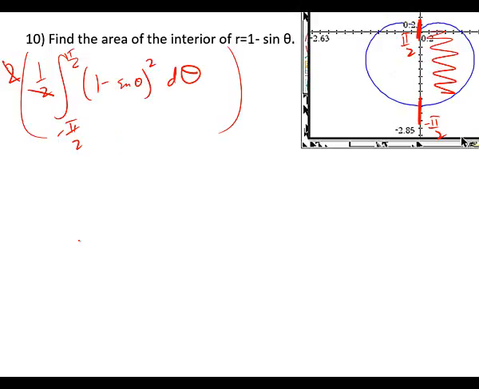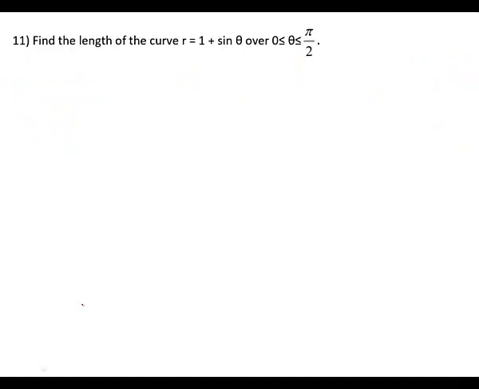All right. Are there any others that you guys want to go over today? 11. Okay. All right. So 11, we would need to find the length of the curve. And again, I think we're going to use our calculator to help us out here. In fact, this is one that Marlette tried in the homework, and we have it all written out, but again, I'd probably use my calculator to do it.